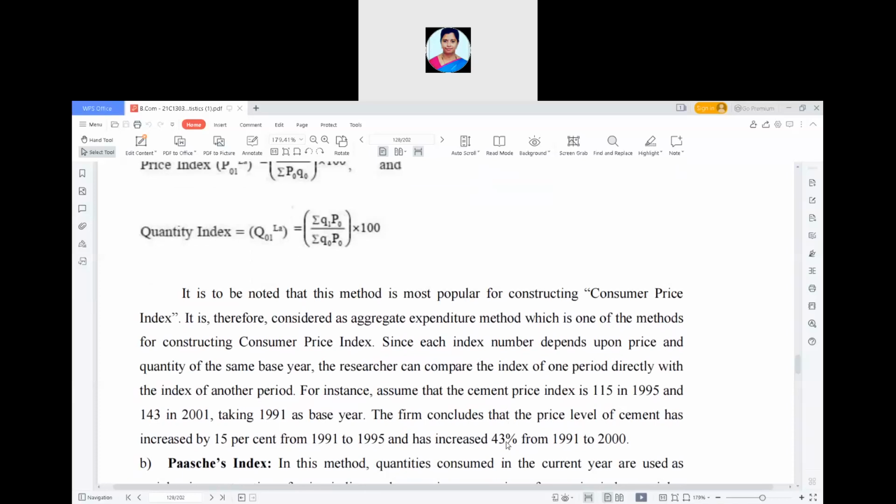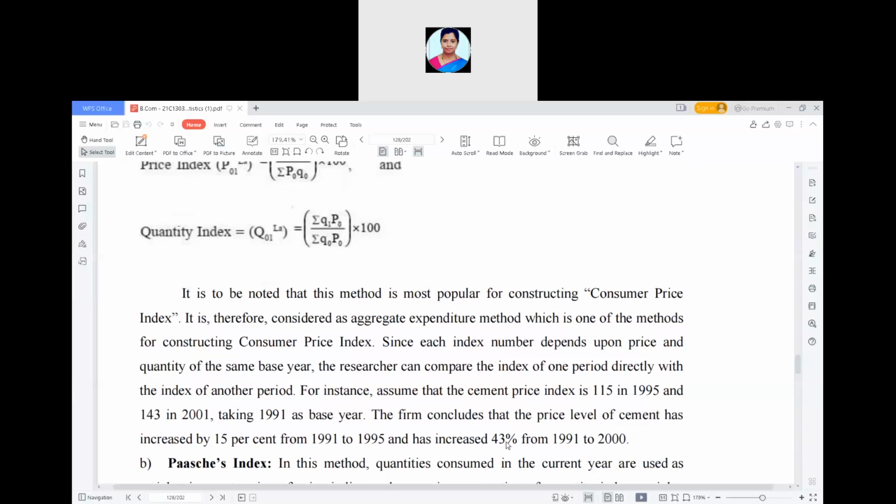The firm concludes that the price level of cement has increased by 15% from 1991 to 1995 and by 43% from 1991 to 2000.